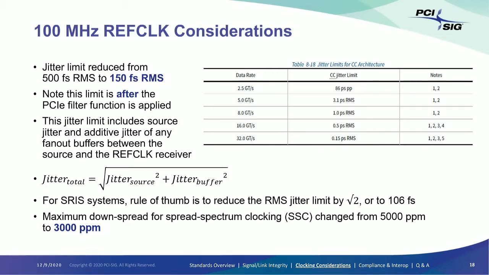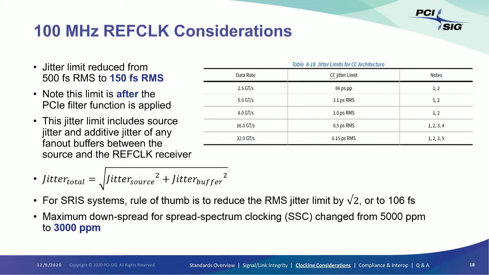The jitter limit, you should note, includes both the source jitter and the additive jitter of any fan-out buffers between the source and the reference clock receiver. On a motherboard, you might have a 100 megahertz clock generator that has 12 or more outputs. And if you have that number of outputs available and you can fan that out directly, then the only jitter you need to consider is from that single source element.